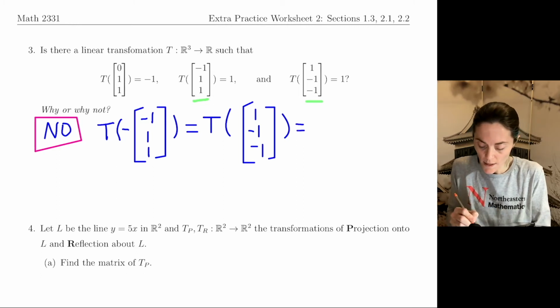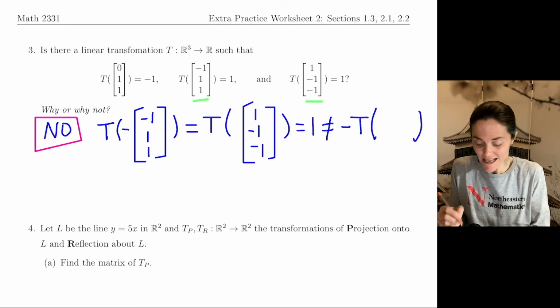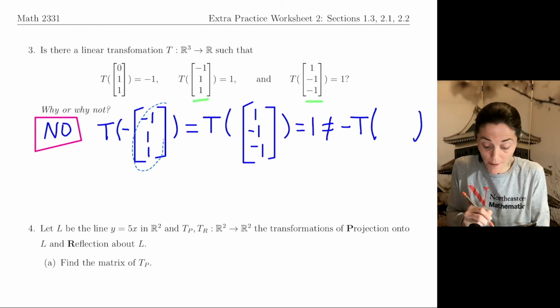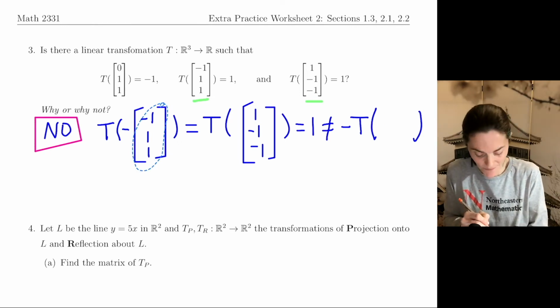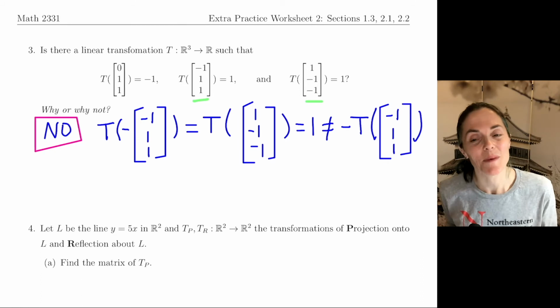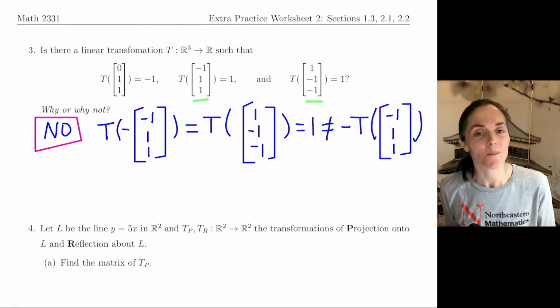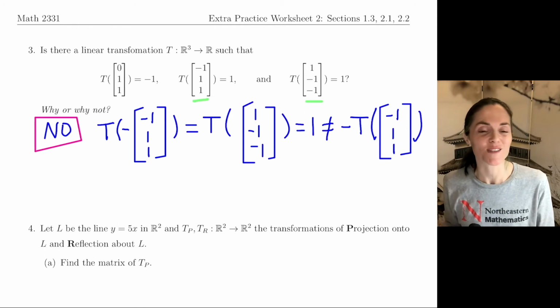This is 1, but this is not equal to negative T of this vector here, you see? And so this fails one of our properties of linearity. This would be our justification, that there is no linear transformation from R3 to R that satisfies those 3 things.